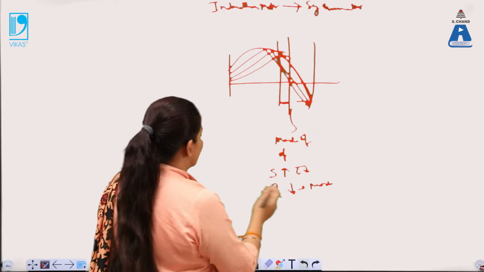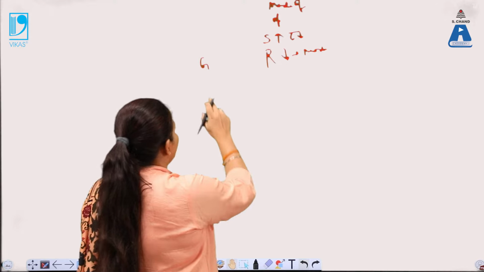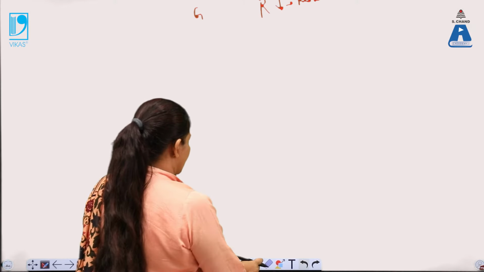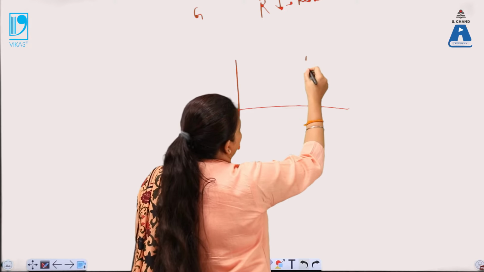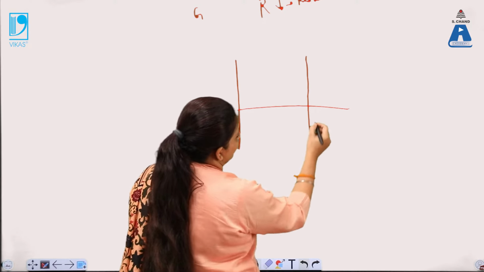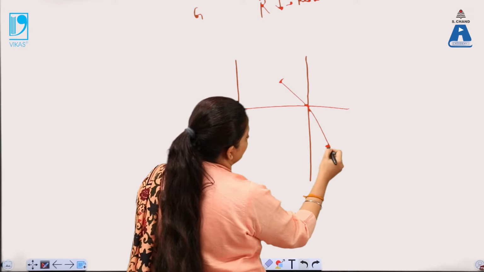Now next is, what is the effect on generator characteristics? So the generator characteristics are over here. From here, this is the mode of operation region.